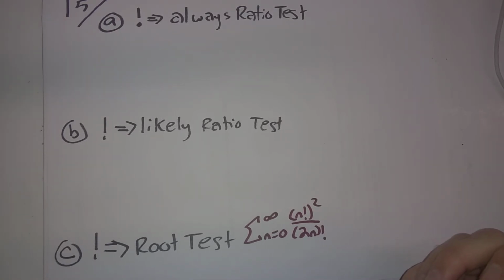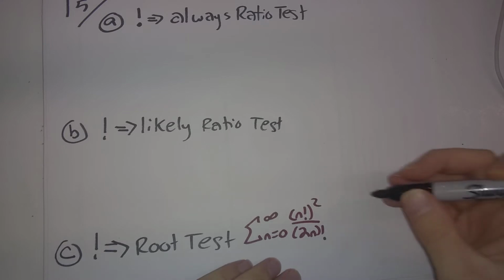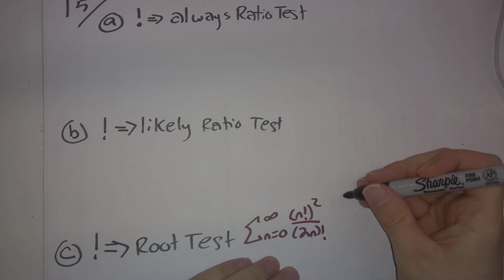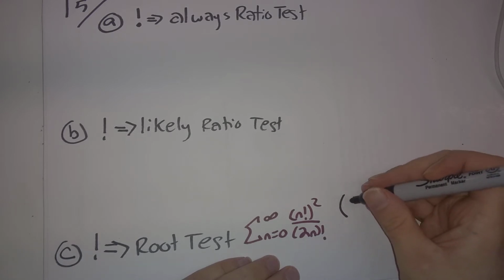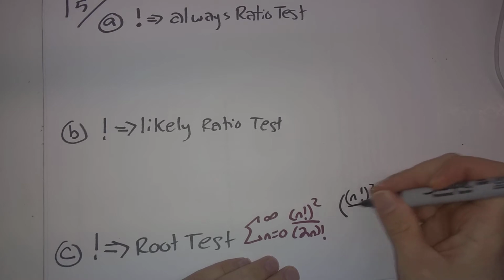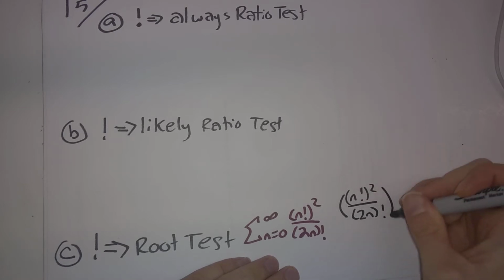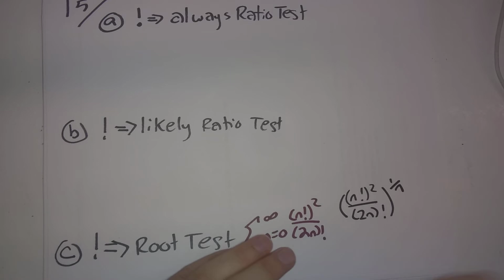Let's try using the root test instead. So we would want the nth root of this. I can drop the absolute value bars because everything in sight is positive. n factorial squared divided by 2n factorial to the 1 over n power.